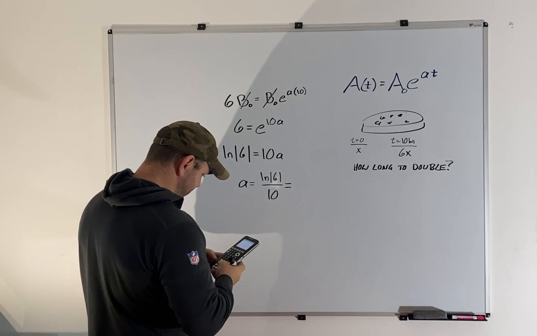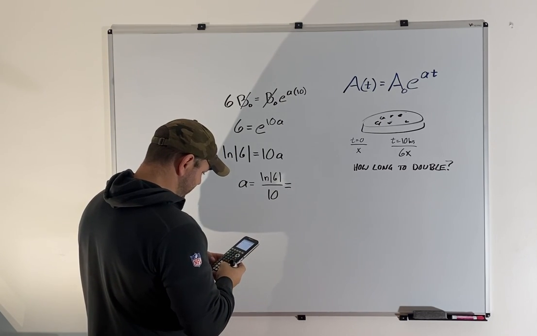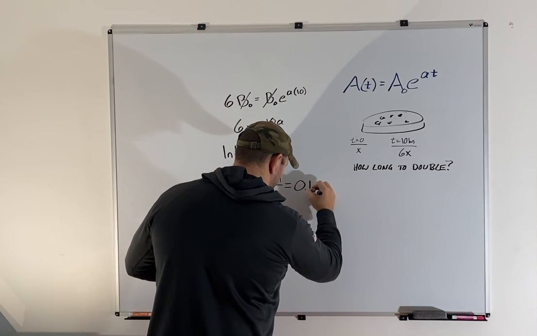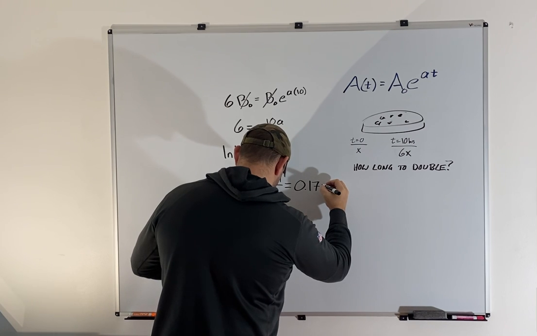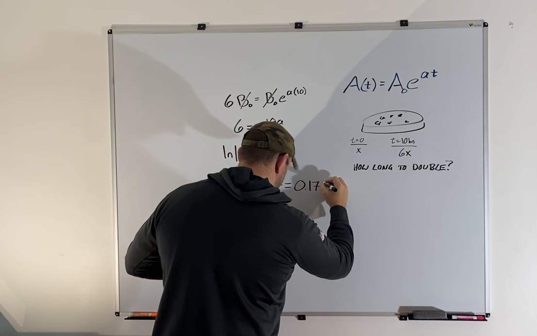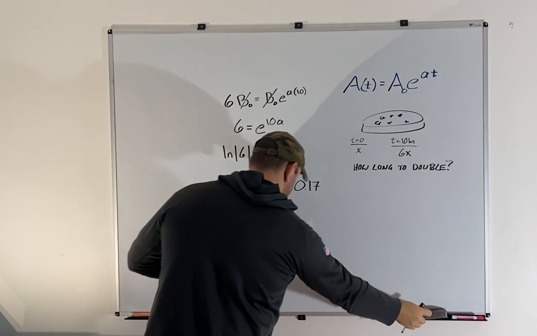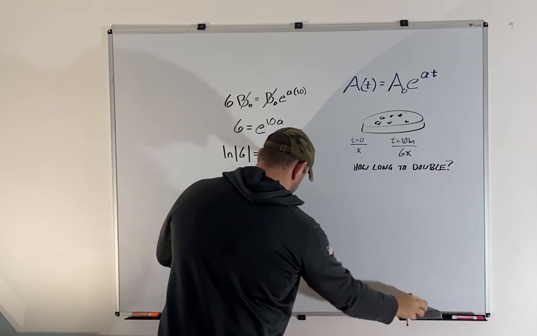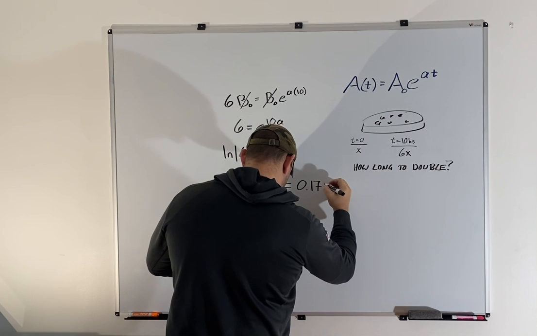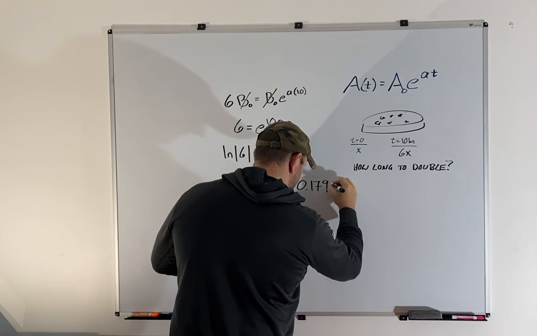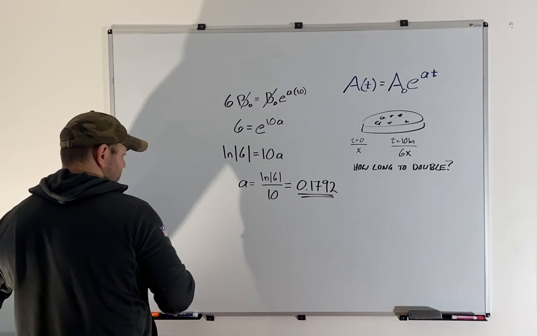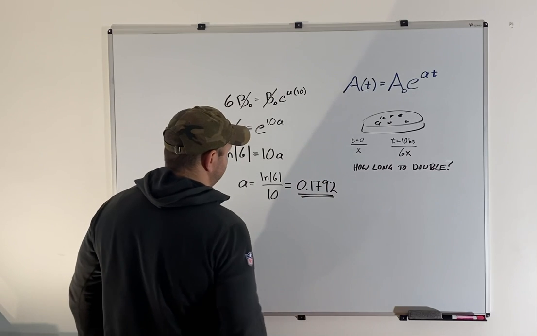We're going to have ln of 6 divided by 10, which is going to be 0.17918, so about 0.1792. So now we know what the rate change constant is over the course of this time.